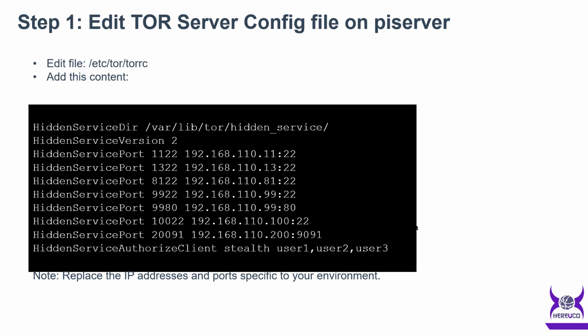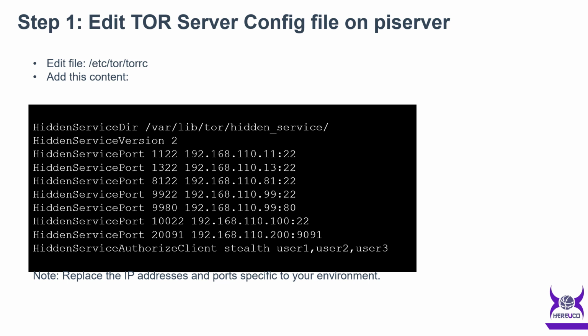These entries are an example of what my torrc would look like if I wanted to enable access to the local resources I showed earlier, but over Tor. Remember the IP port combination from slide 6. You'll obviously need to edit this file to match the resources that you want to make available in your environment.